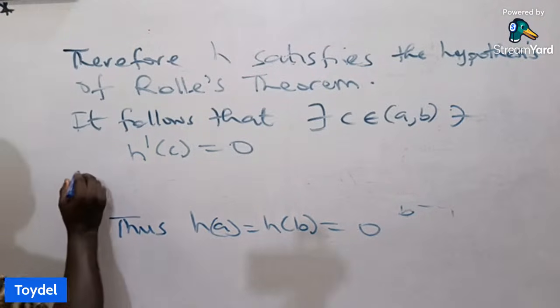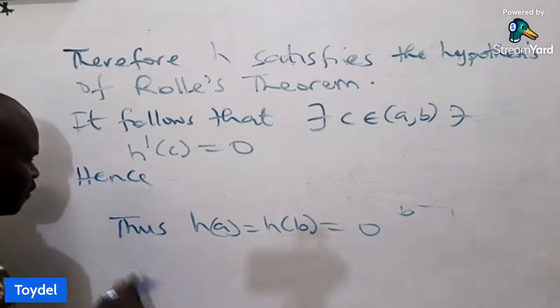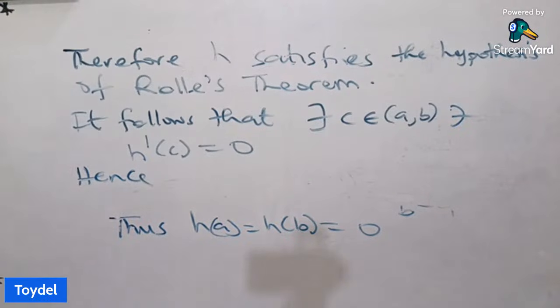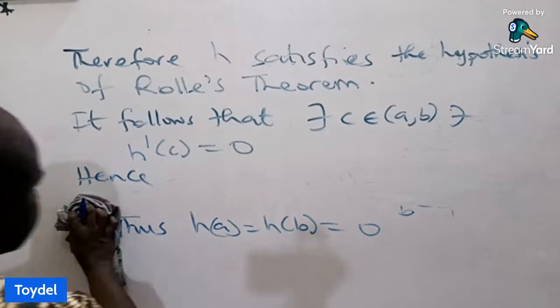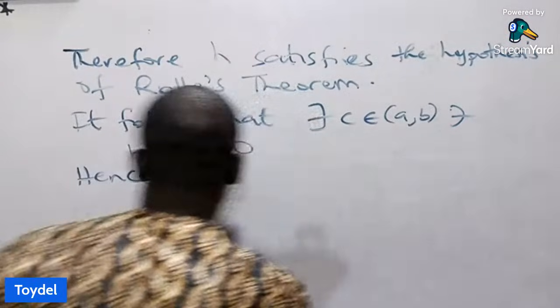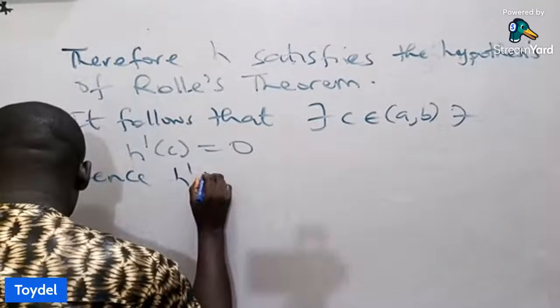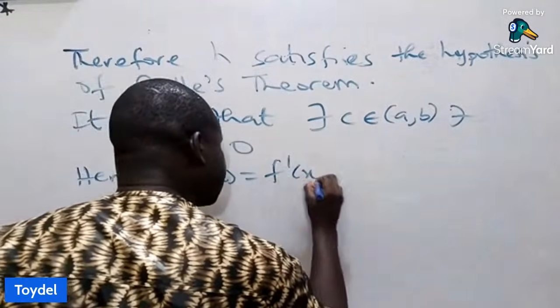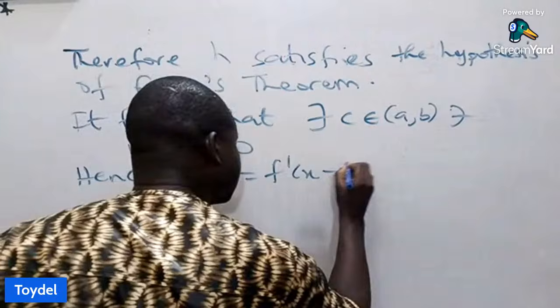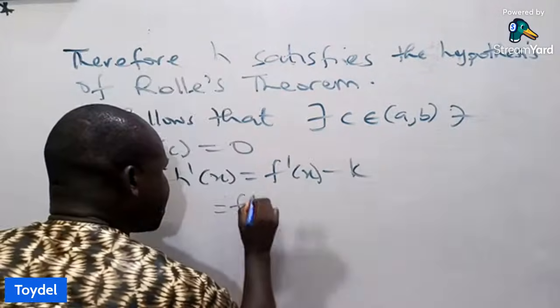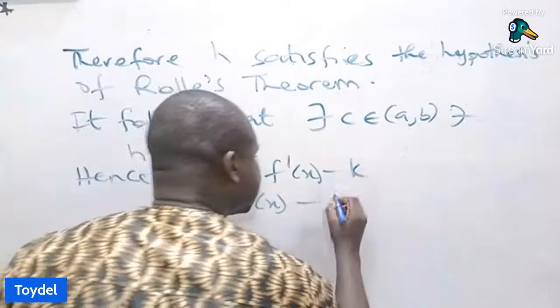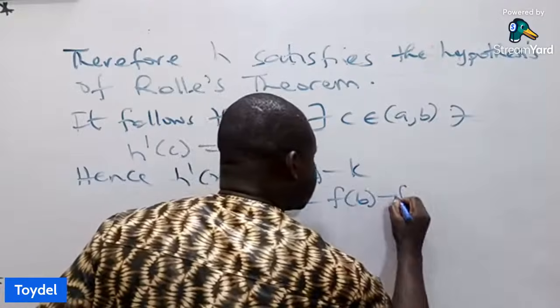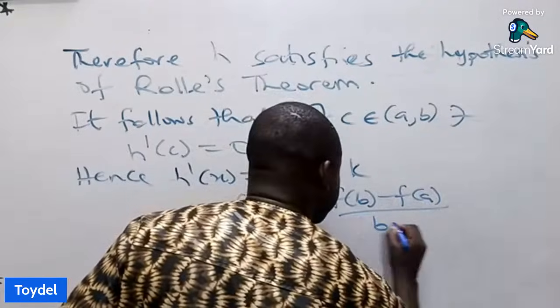Hence, from equation 2, we are given h prime of x is equal to f prime of x minus k. Then what is k? k is the same thing as f of b minus f of a all over b minus a.